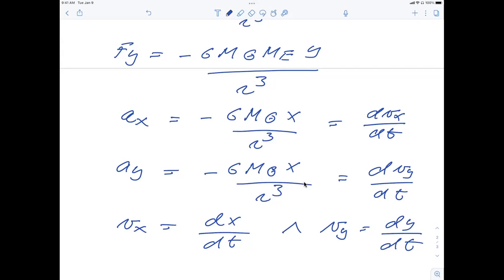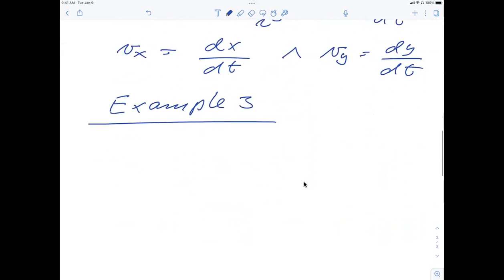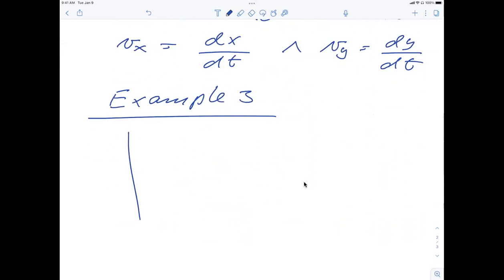Another type of problem, which we are going to spend a lot of time on, is example 3 here. Example 3 is that of a block which is sliding on a plane. If we look at that in 1 dimension, we would have the x direction here, and we have this block which is sliding back and forth.